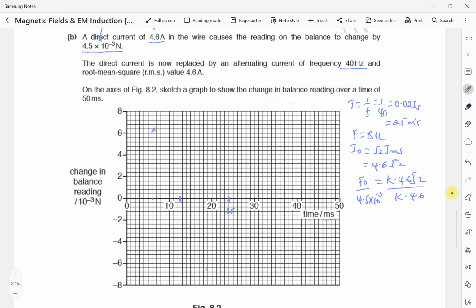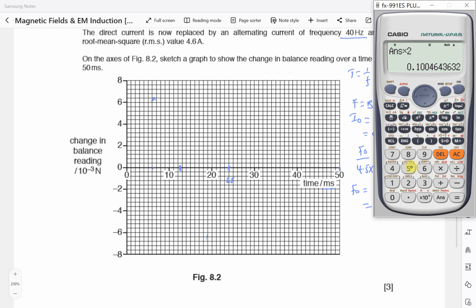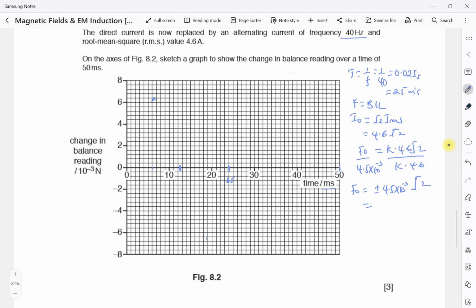Which means the peak force is going to be plus or minus 4.5 times 10 to the power of minus 3 root 2, which is 4.5 root 2, that is 6.4. So this is plus or minus 6.4 times 10 to the power of minus 3 newtons.